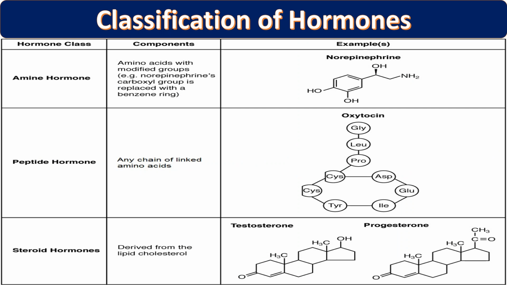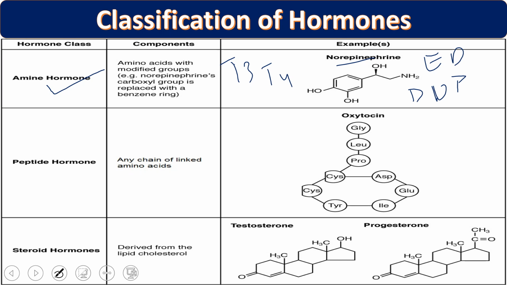So here the first classification was amino acid derivatives. Any amino acid derivative, like we have norepinephrine, epinephrine, T3, T4, and then dopamine. These are coming from single amino acids. So any hormones which come from single amino acids are called amino acid or amine hormones, like T3, T4, norepinephrine, epinephrine, dopamine, or dopa you can call it.